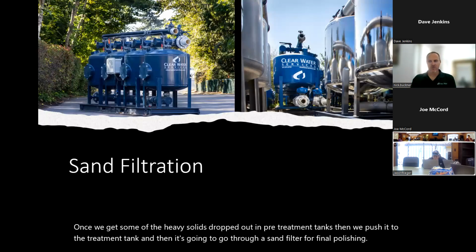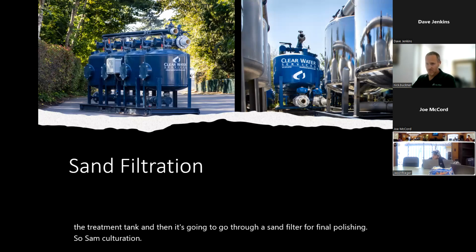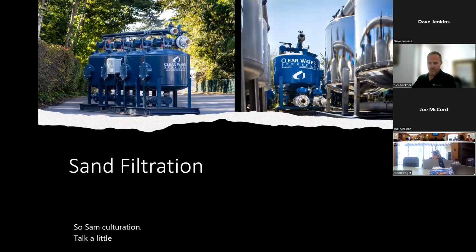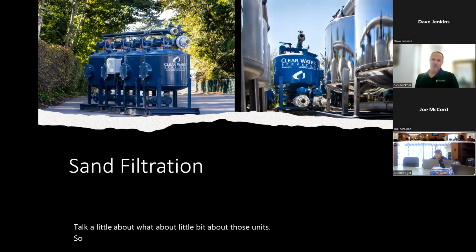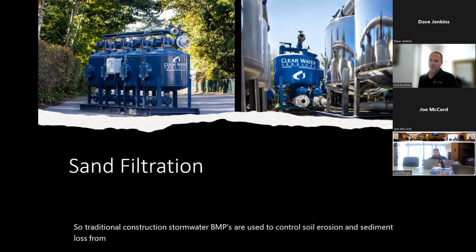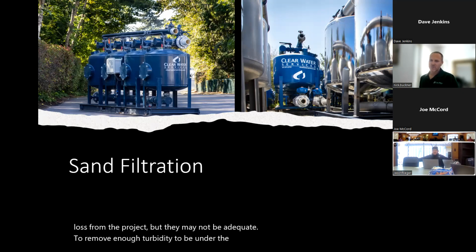So, sand filtration. Let's talk a little bit about those units. Traditional construction stormwater BMPs are used to control soil erosion and sediment loss from the project, but they may not be adequate to remove enough turbidity to be under the allowable benchmarks.